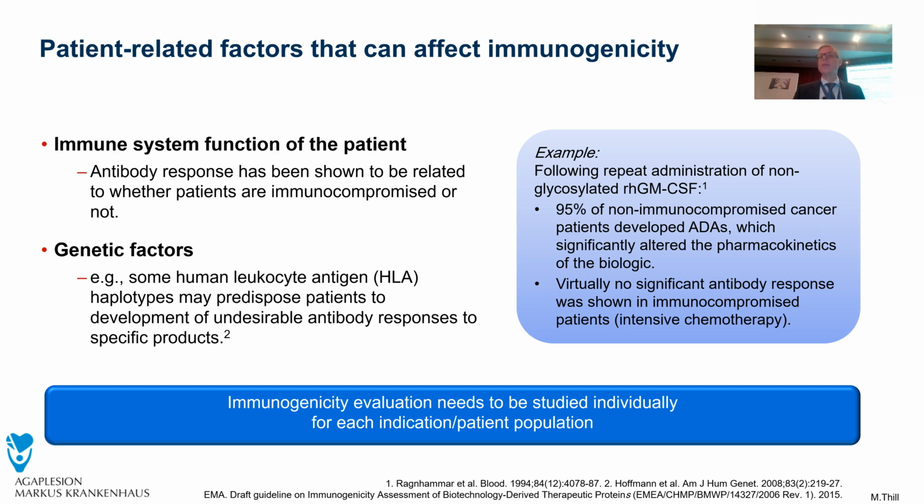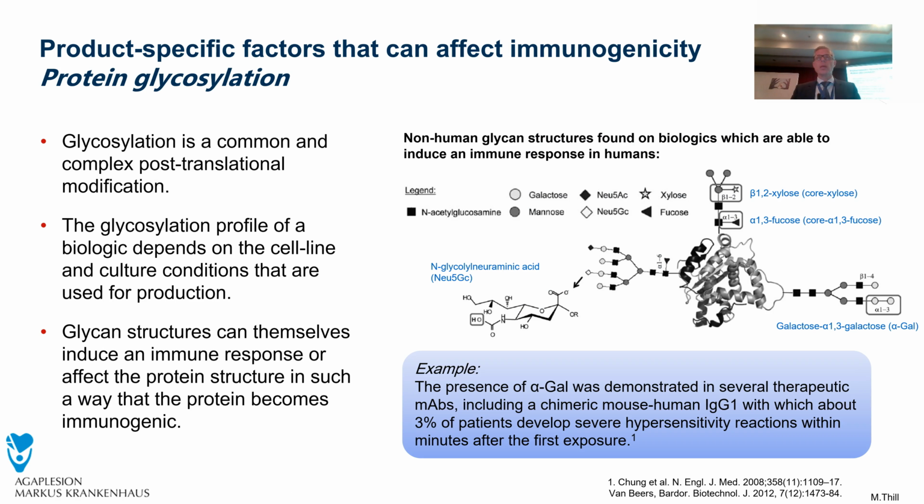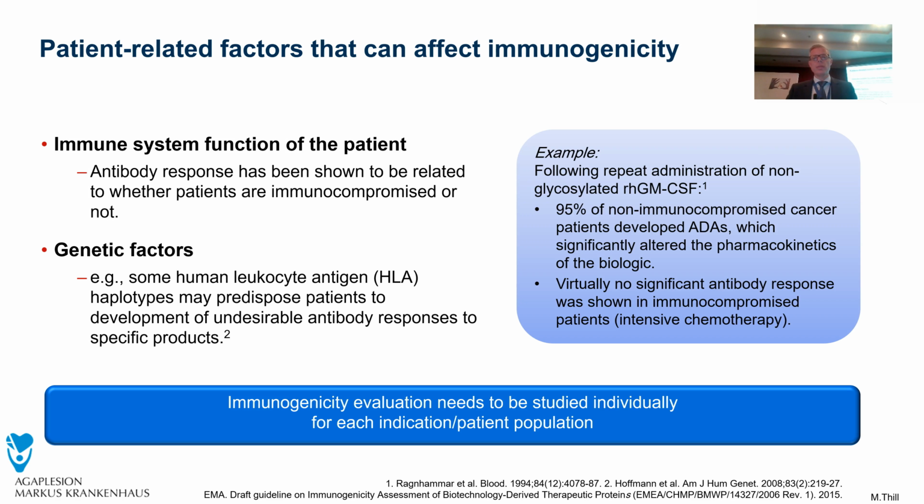We have patient-related factors, as mentioned before: genetic factors, and factors that have something to do with the immune system and the function of the patient. Immunogenicity therefore needs to be evaluated. I'm not going to go back to this area of PK and PD data; it has to be collected in the clinical situation in clinical trials as well.